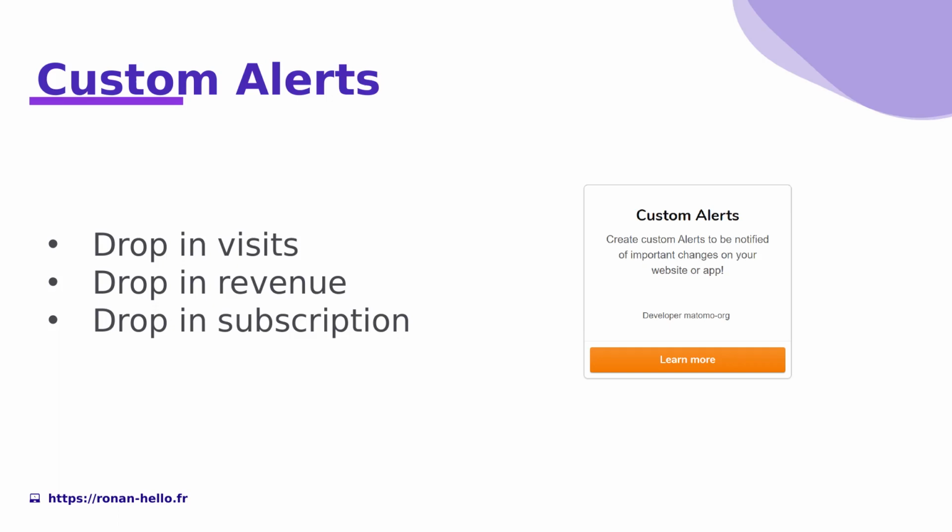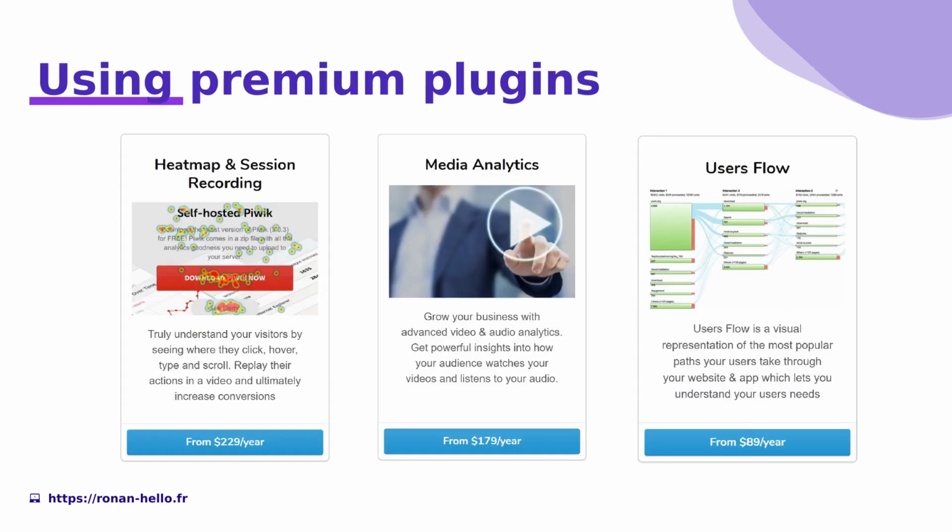It will be very important for you to keep an eye on it. And you can do it simply by installing the custom alerts plugin, which is already available on the Matomo marketplace.